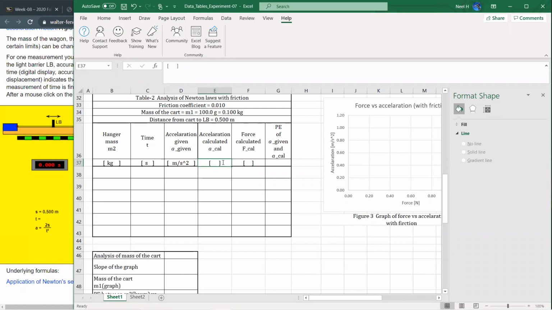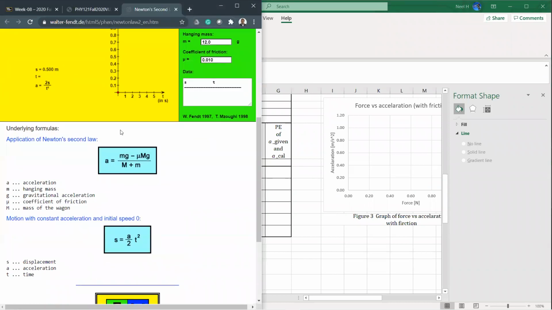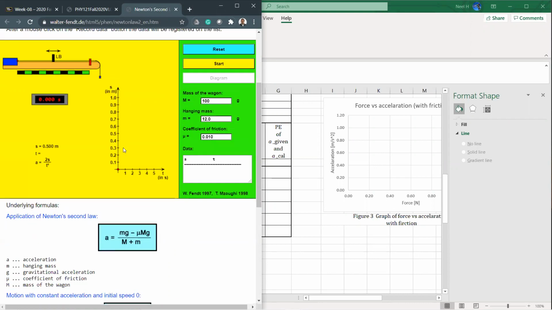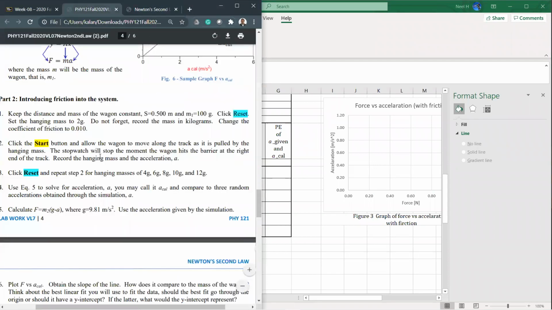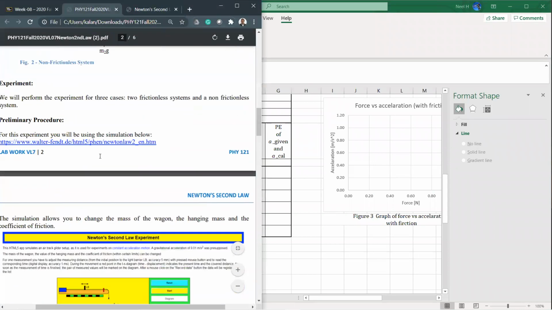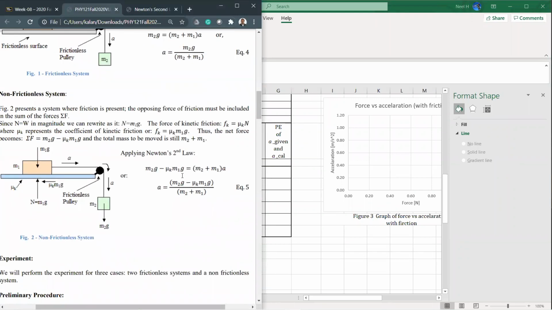Acceleration calculated, meter per second squared, that you have to do now by using our new formula, okay? That is also given here, if you take a look, the equation is already here, and you can also find that equation in your lab manual, right here.